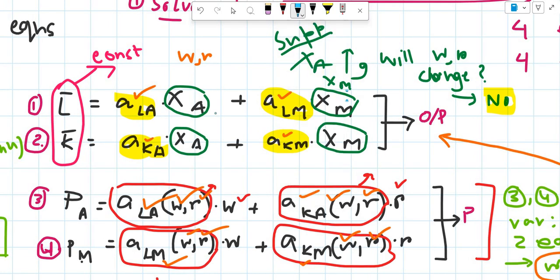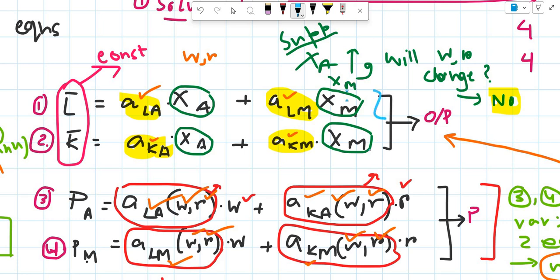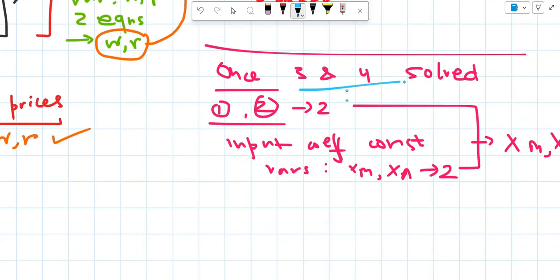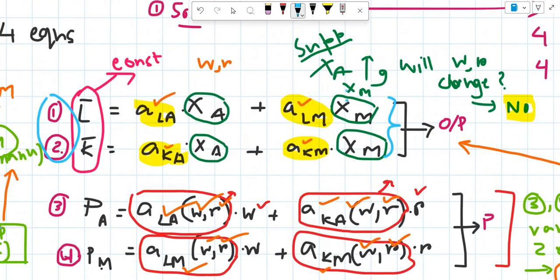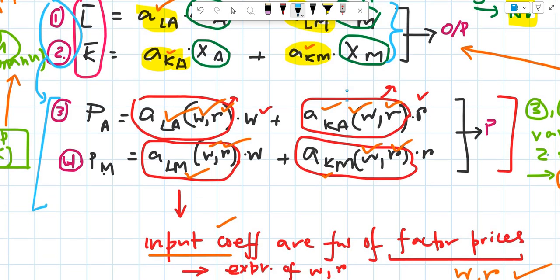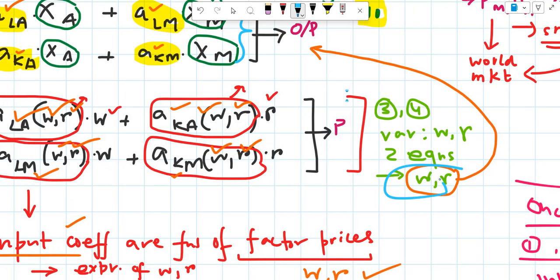The answer is XM and XA are in these sectors. You look at equations 1 and 2 only when equations 3 and 4 are solved. So if you're looking at equations 1 and 2, it implies that equations 3 and 4 are solved, and W and R are already found.